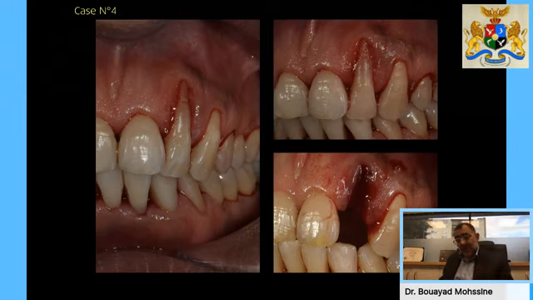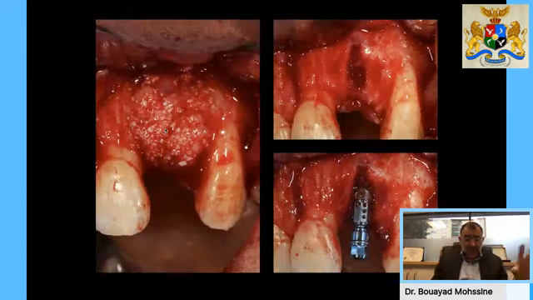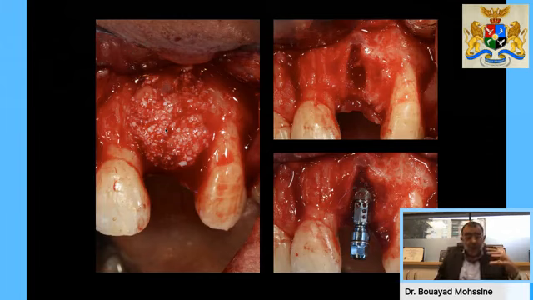We extract the tooth, and we place the implant in the same stage, and we recreate a good volume around the implant with NPM bone graft reconstruction.